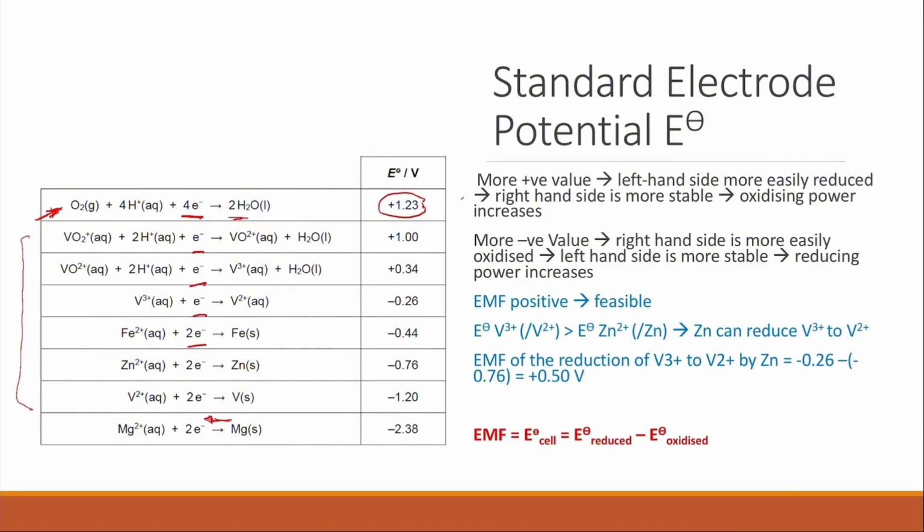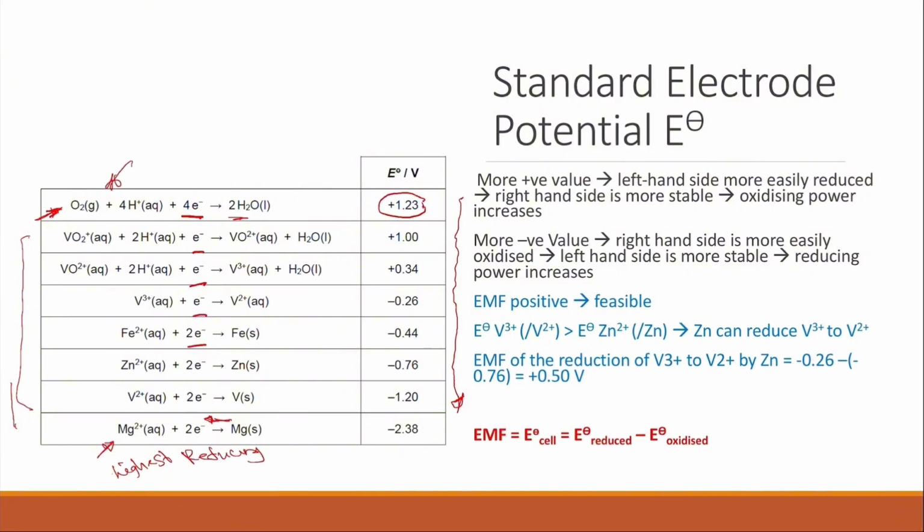So as you go down from most positive to most negative, the oxidizing power will be reduced, and as you go from the bottom to the top, from the most negative to the most positive, the reducing power will be reduced. So these at the bottom with the most negative are the highest reducing, so they will be mostly oxidized.